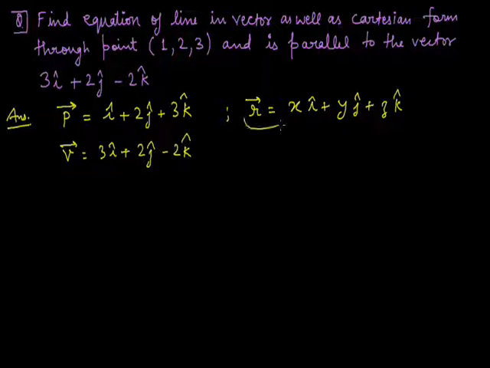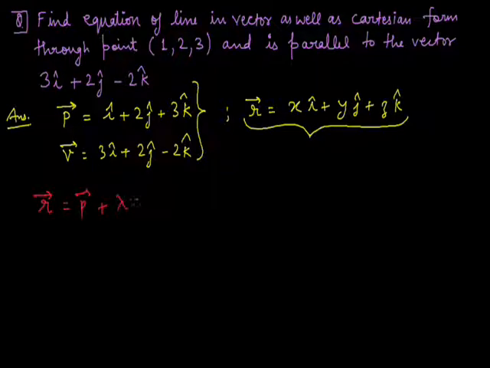There is no need to write down the vector form of our vector. We just need these two things: the position vector of the point and the parallel vector. P for point, P for parallel vector.